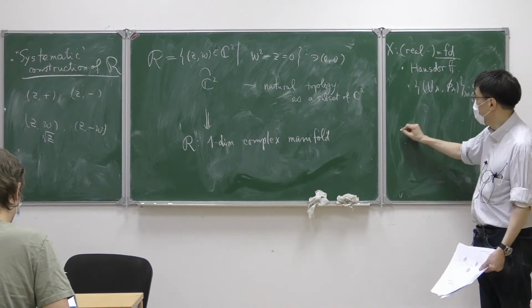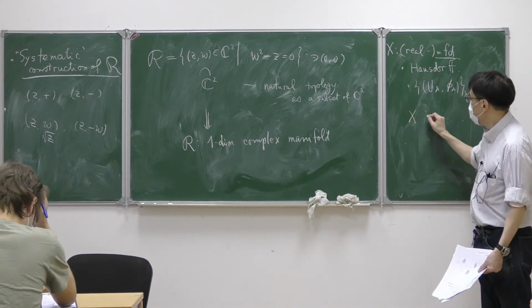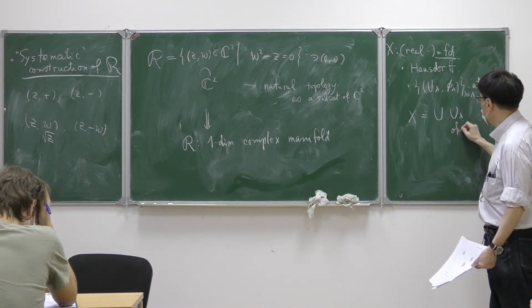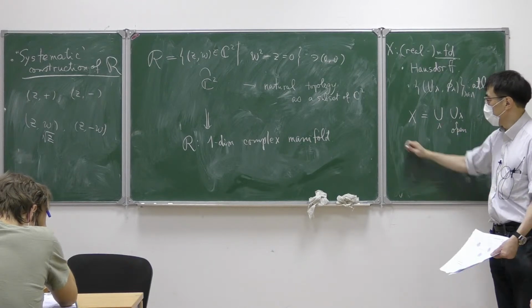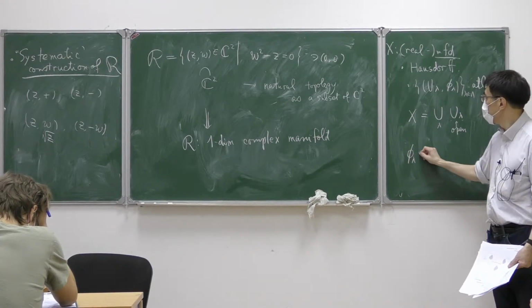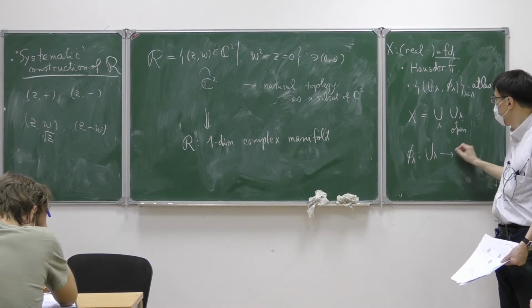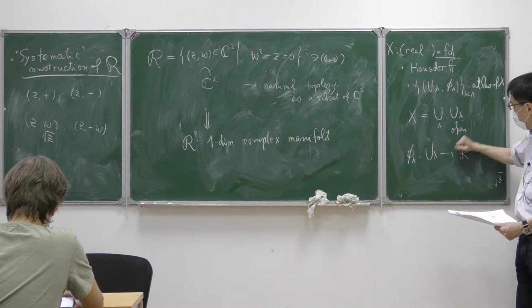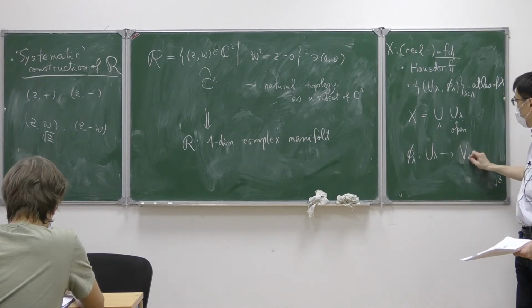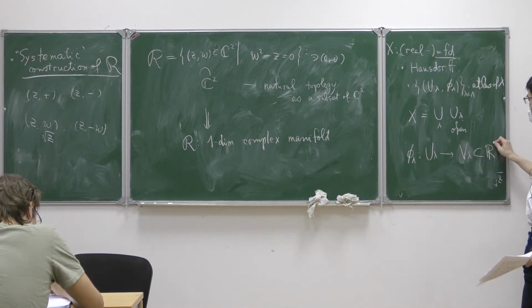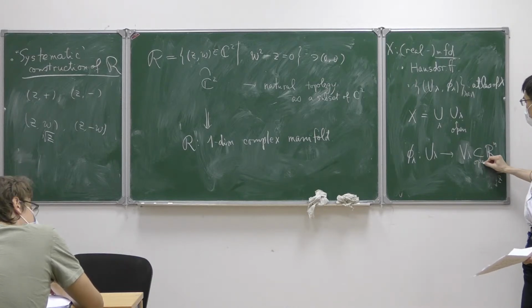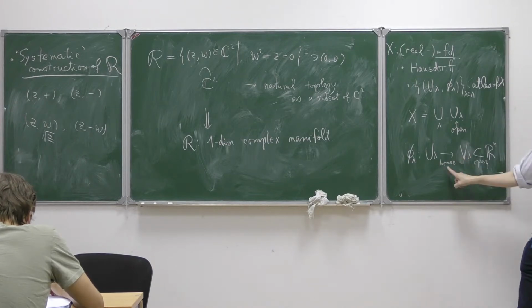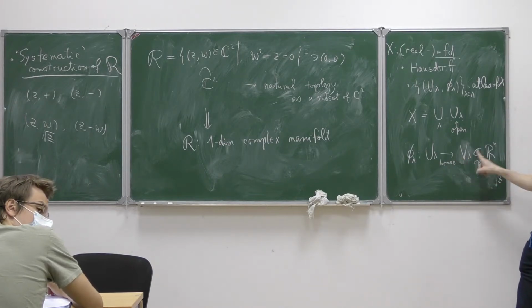Namely, X is covered by open sets, and each open set has a homeomorphism to some open subset of Rn.